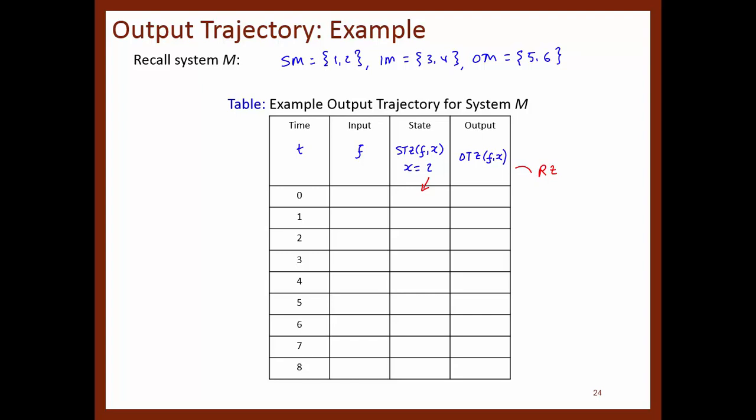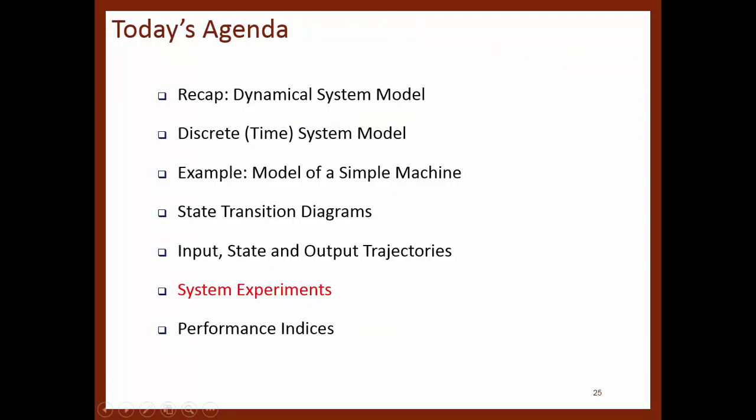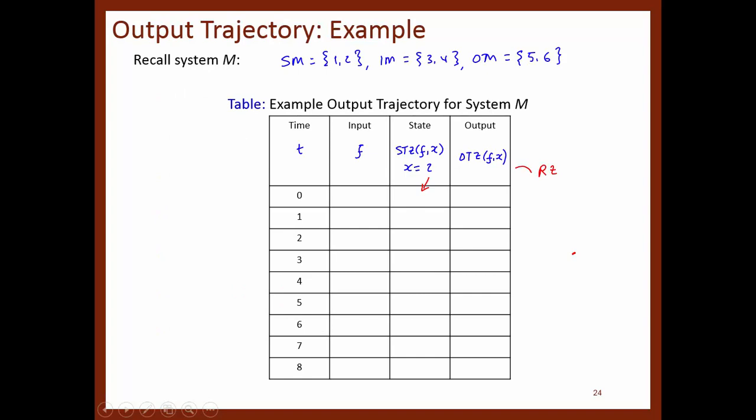So this output trajectory is also a function. So going back to this example, let me, again, one more time, represent the system. So 1, 2, from here to here, you have a 4, from here to here, you have a 3, then a 4, and you stay here.